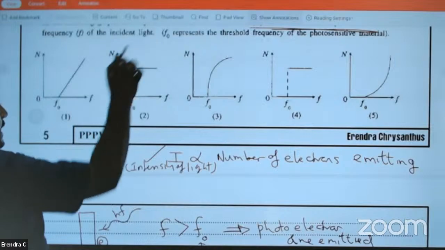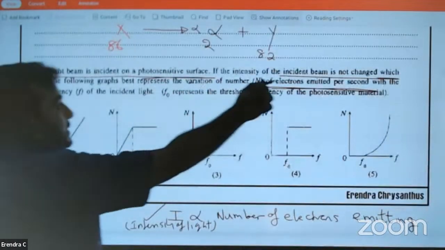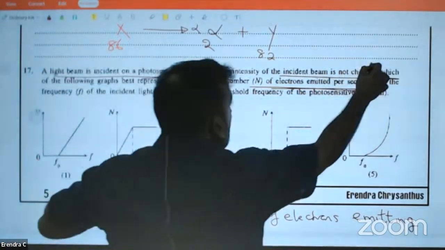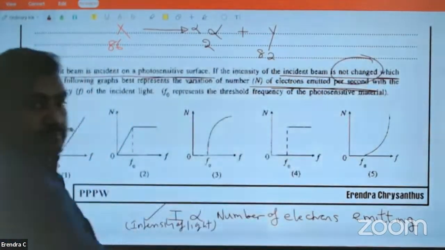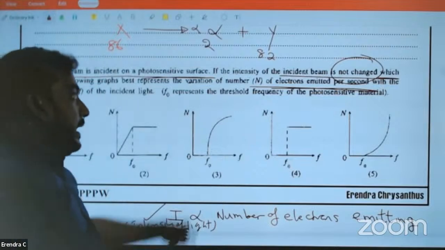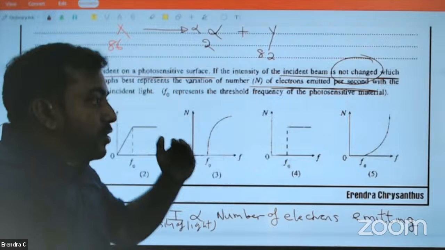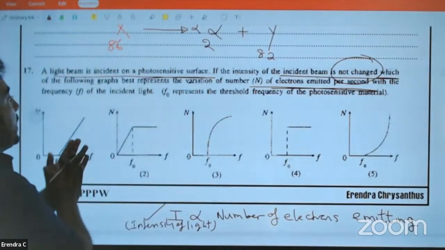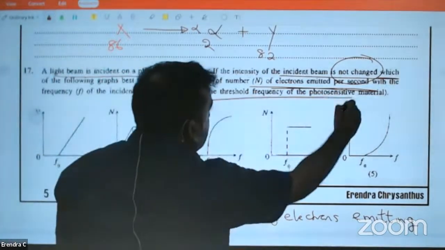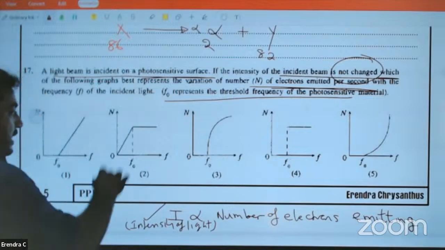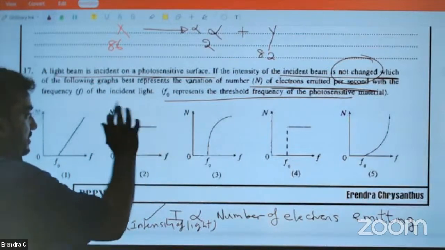They are telling us the intensity is constant. Intensity is constant means the number of electrons emitted will also be constant after the threshold frequency. f naught represents the threshold frequency. So after the threshold frequency, intensity is constant, so the number of electrons emitted will also be constant.